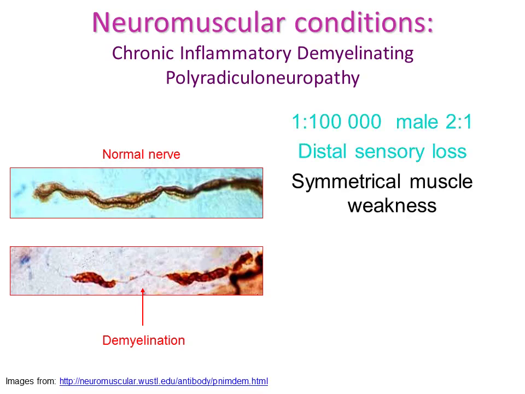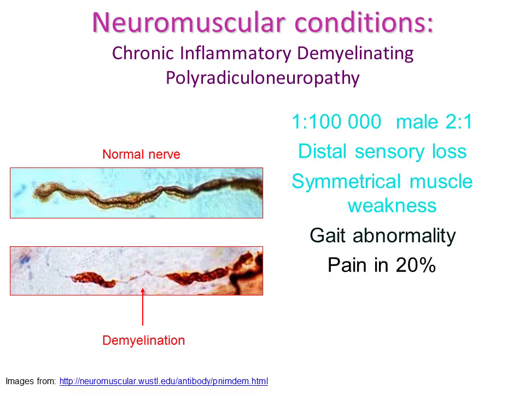You get distal sensory loss, you can get symmetrical muscle weakness, but sometimes it can be asymmetrical. And you often get gait abnormality relating to this. Foot drop is very common, distal weakness. About 20% of people have pain.